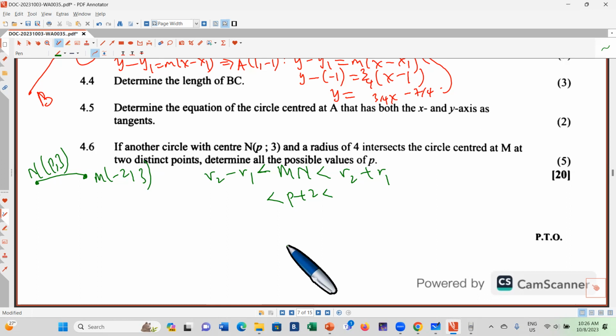So we continue. And then right now, we find this. So we know that R2 is 5. But the other one has radius of 4. So you subtract 4. The other one has radius 5. The other one has radius 4. Okay? So we have this one here.